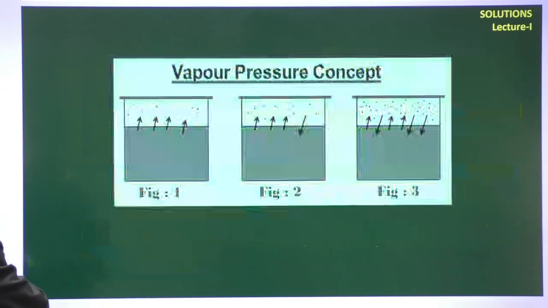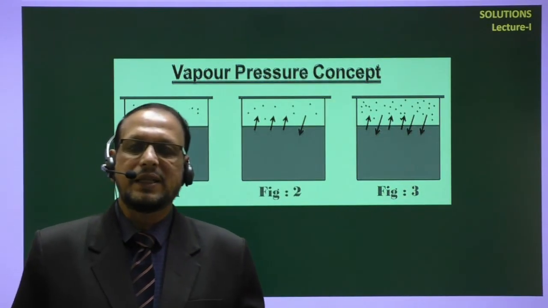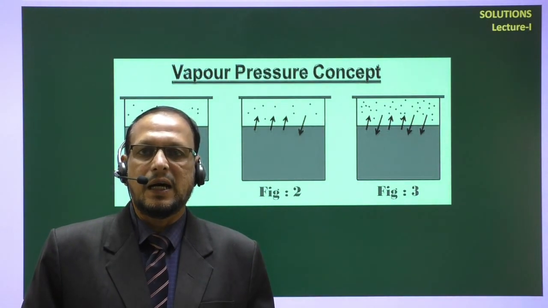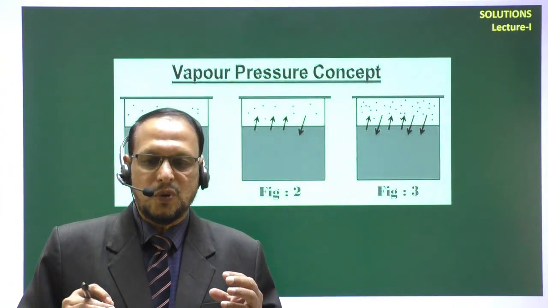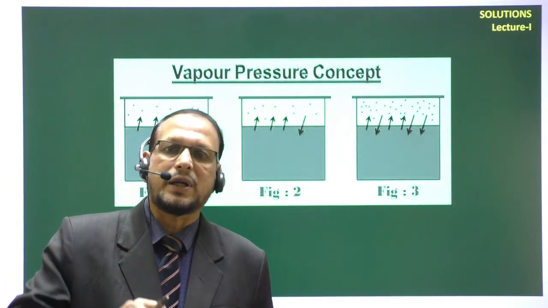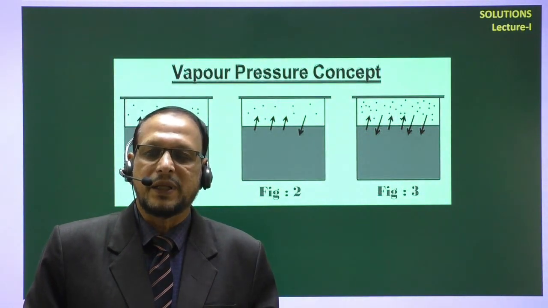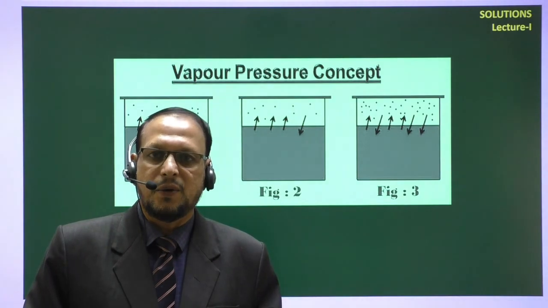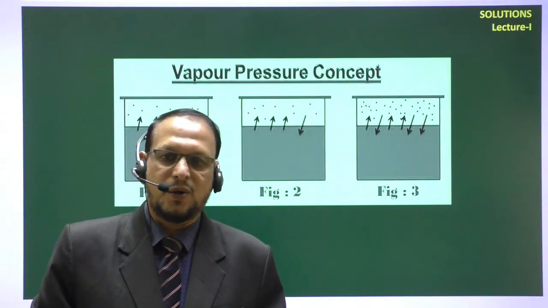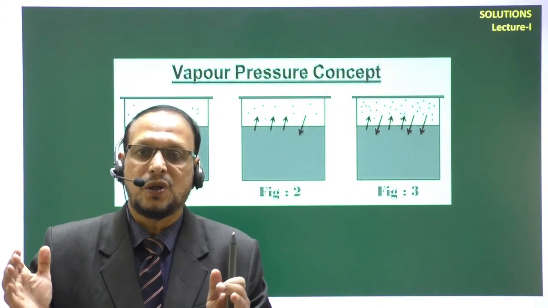Next part: I told you I will discuss why colligative properties occur. Like say, when we add salt to water, the boiling point increases. You will find your mother, when boiling eggs, dissolves some salt in the water. Why? So that it boils quickly.